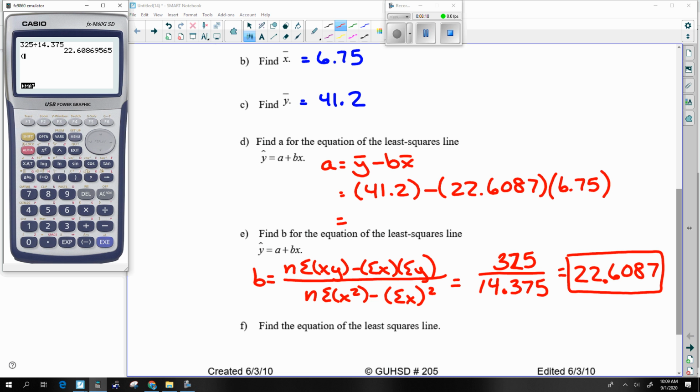Y bar minus the answer X bar. That looks a lot better. There we go.